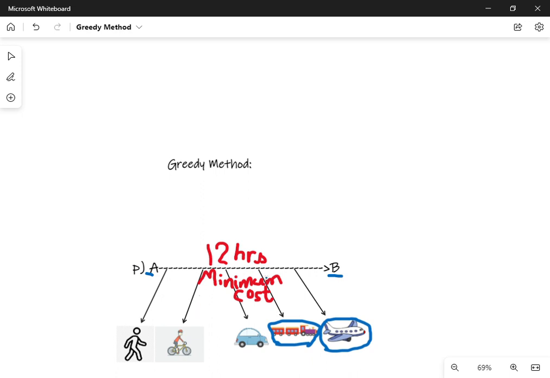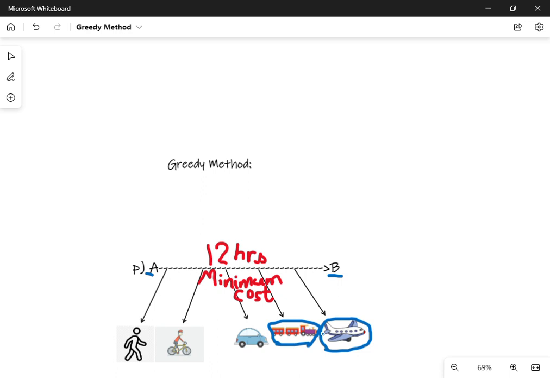Let me explain the feasible solution. It is a solution which is suitable for our given condition. So here our first given condition is that a person should travel in 12 hours. So in 12 hours he should travel from point A to point B through train or through plane. So this is the feasible solution.